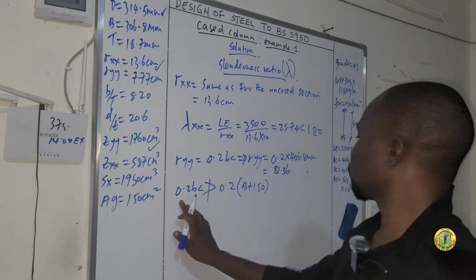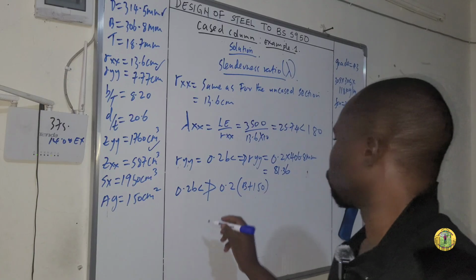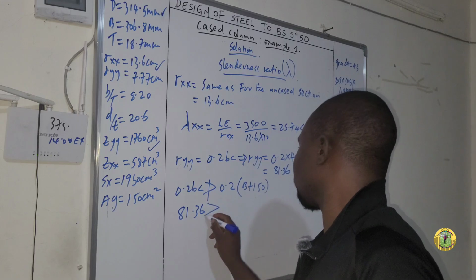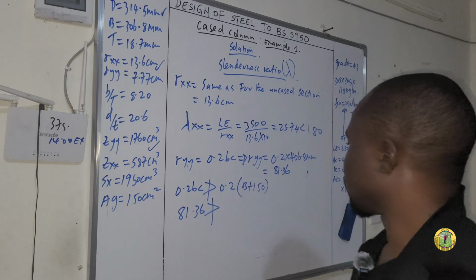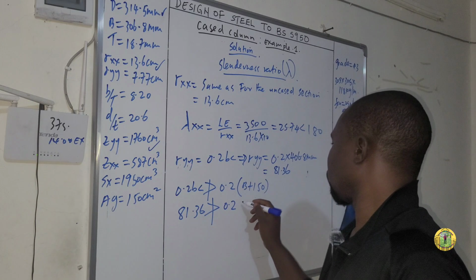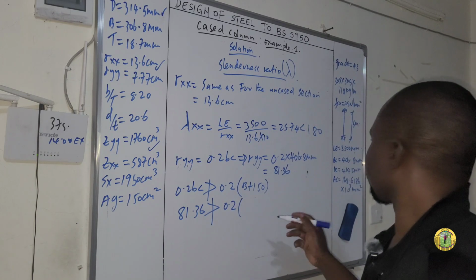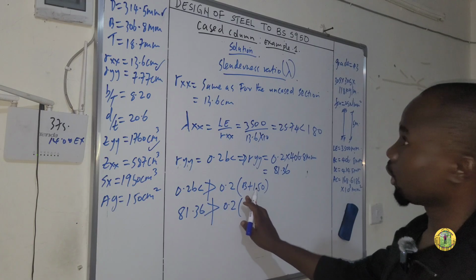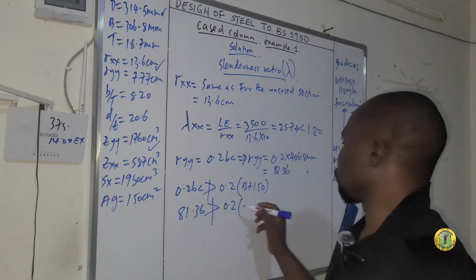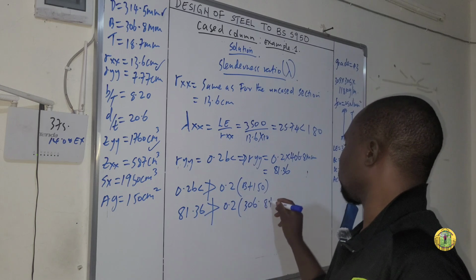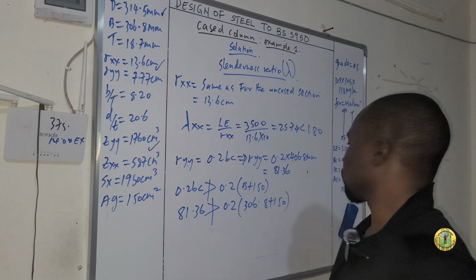We already have 0.2 BC, which is 81.36. Let's check if it is greater or not. We have B as 306.8, plus 150.